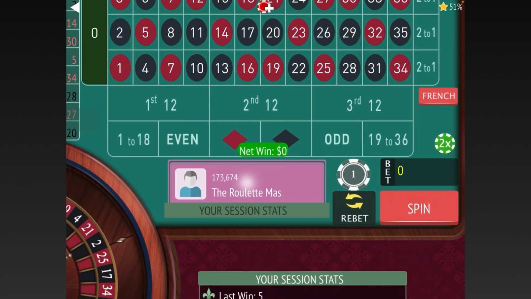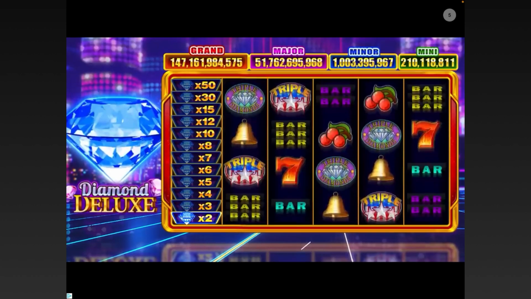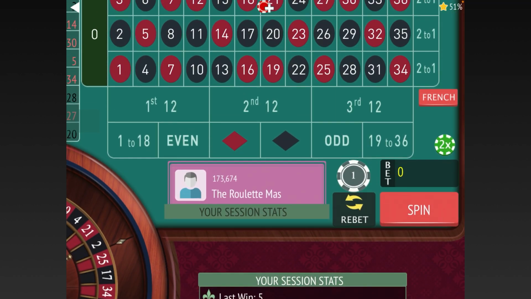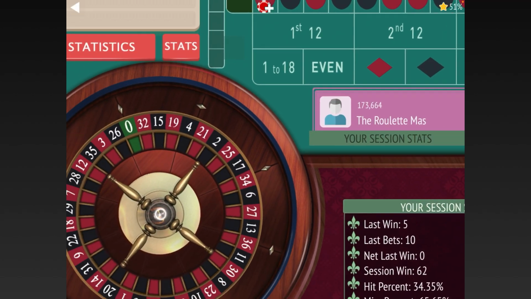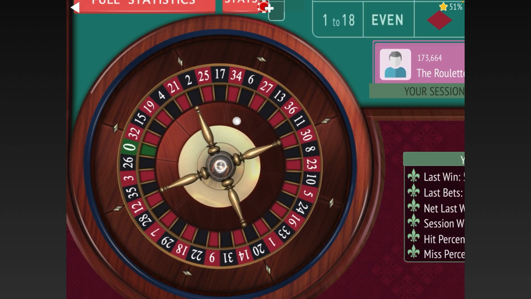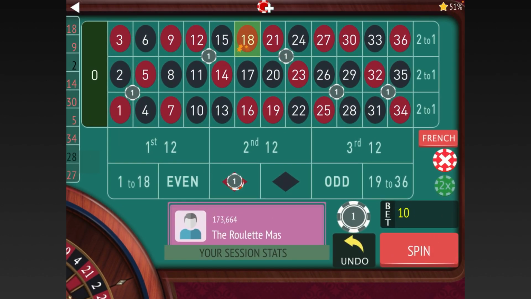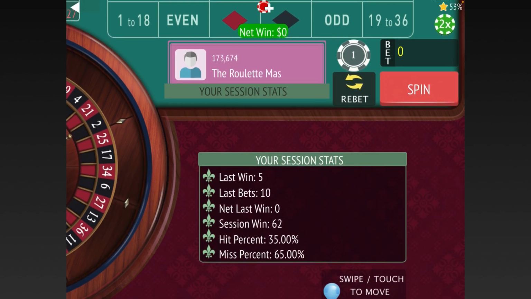Okay, we broke even. So again, when we break even, we just rebet the same thing. Red's always good, but that's a break even.